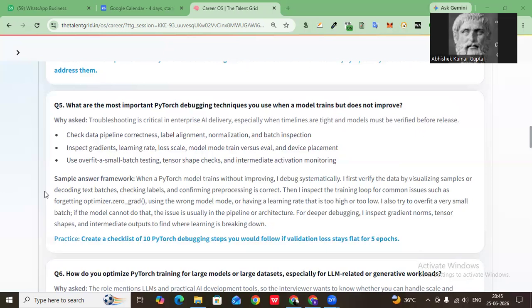The diagnostic would be: if the model cannot drive the training loss to almost zero on a single batch, then your architecture is not working. Something is completely missing or it's broken.